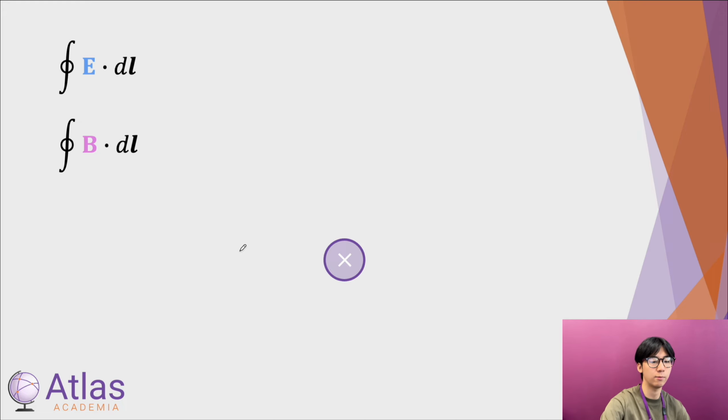So let's consider that we have sort of a current going into the page, and by the right-hand grip rule, the field lines produced by that current are going to curl around, and critically it's going to curl in the clockwise direction as shown.